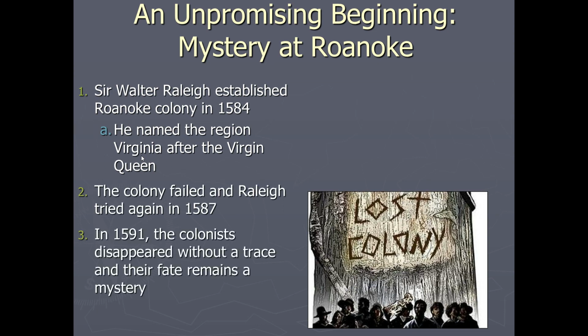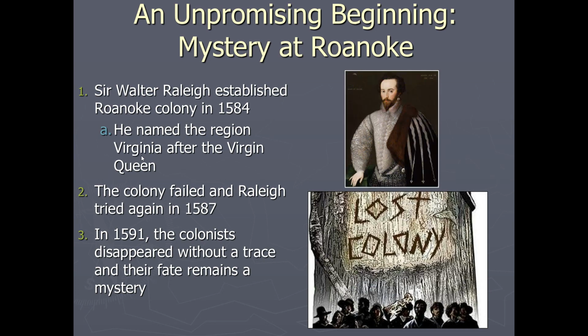And then they tried again in 1587, but they mysteriously disappeared, and all that was left was an inscription on a tree that said Croatan. From there, you can assume what might have happened: the Indians might have overtaken them, they might have intermarried and intermixed, or they were slaughtered by the Croatan Indians.